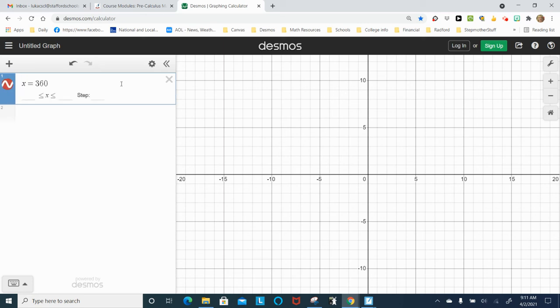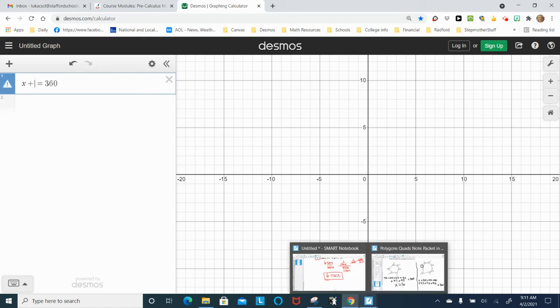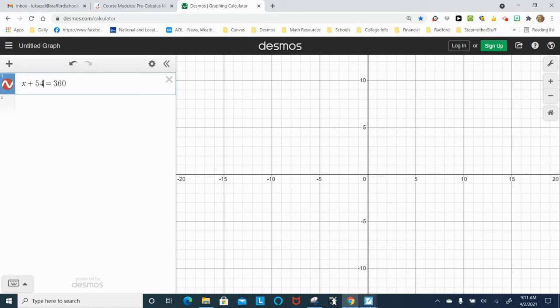So we'll have the x plus the 54 plus the 45 plus the 50 plus the 42 plus the 4x plus the 8x. It looks like x is 13 for those.